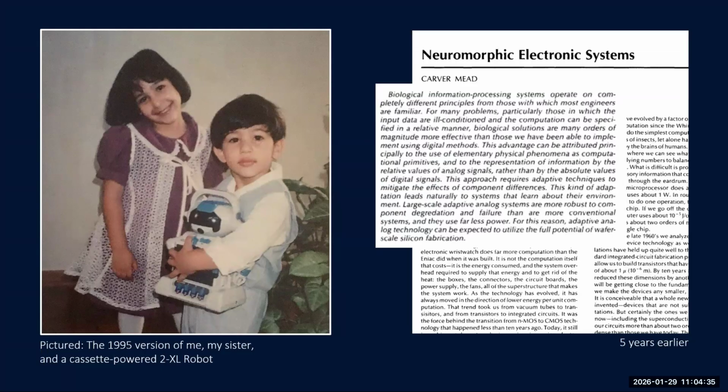Carver's take is that biology doesn't have some sort of abstract programming interface; rather, the physical makeup of a system defines the computation itself. He was very bullish on analog computation, using transistors in very weird ways to emulate the retina, for example, and the dynamics of biological neurons. This could make a lot of sense: the physical structure of the brain dictates how the software of the brain operates as well, right?